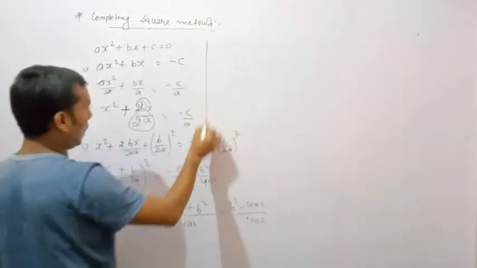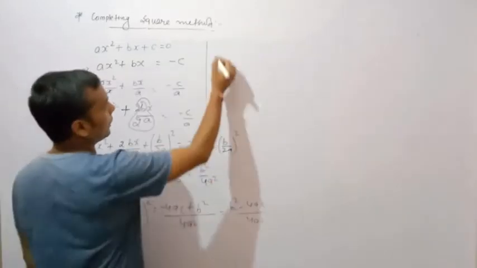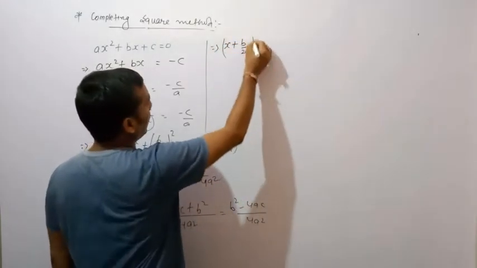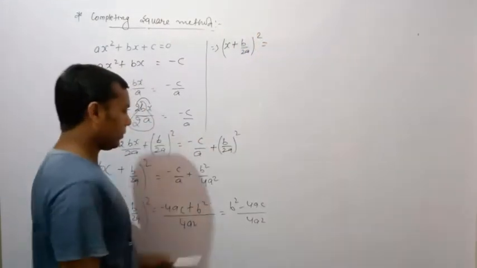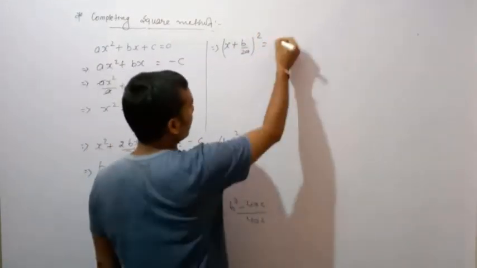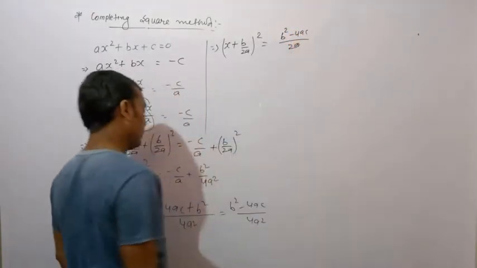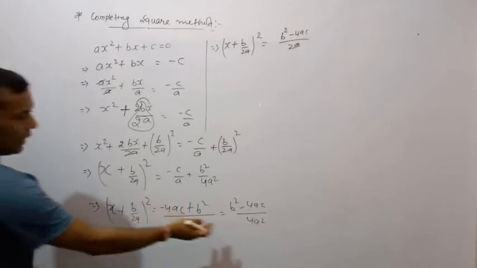We will have now (x + b/2a)² equal to (b² − 4ac)/(2a)². Here is a square and here is a term.